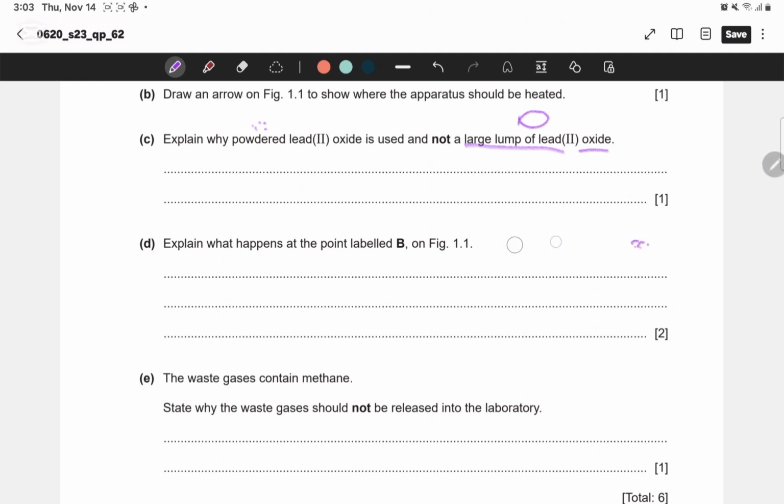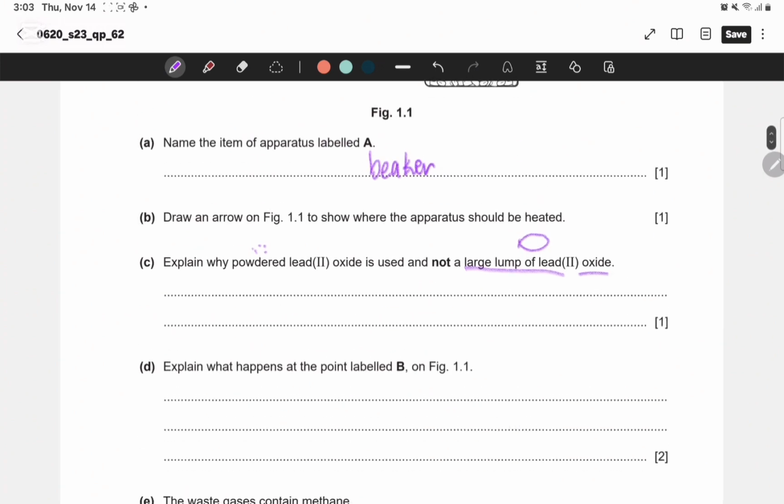So back to this question. Why do we use powder instead of a large lump? Because of the surface area. There's a greater surface area, and you only need to say one of those because it's only one mark.